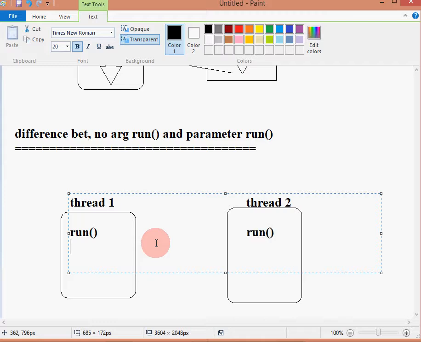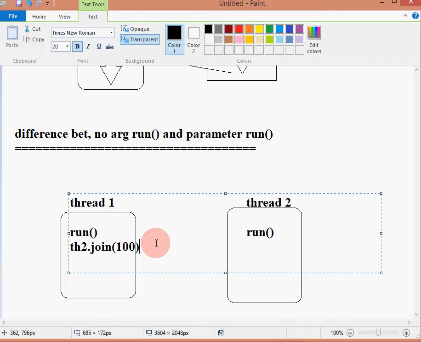If you write th2.join and pass some value, say 100 here, then what is that? You wait.